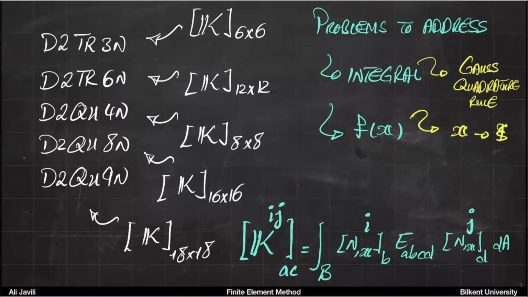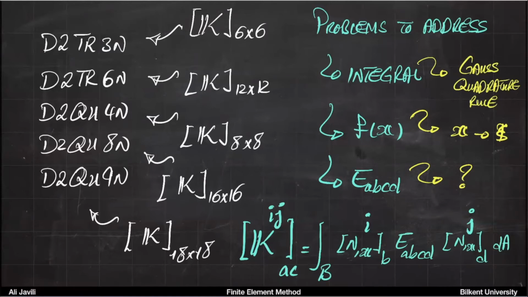The third problem, which is the most obvious one, is what is that E? Okay, so what is this? I mean, we keep writing it as just a constitutive tensor, as a fourth order tensor.